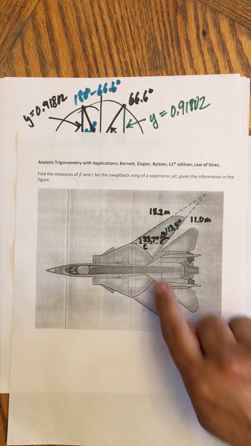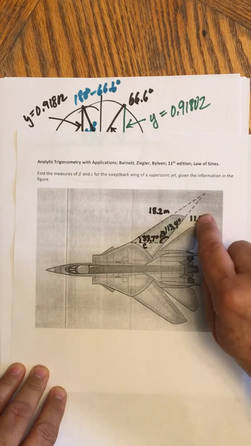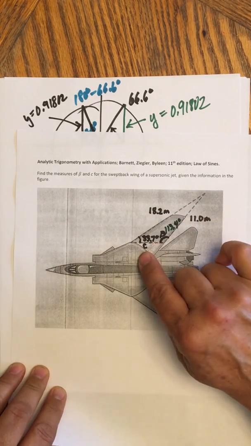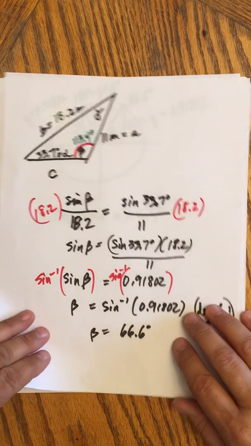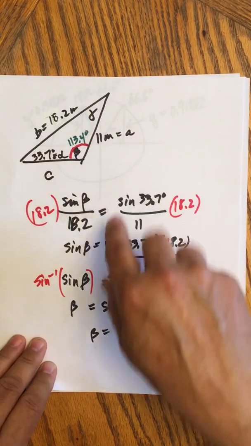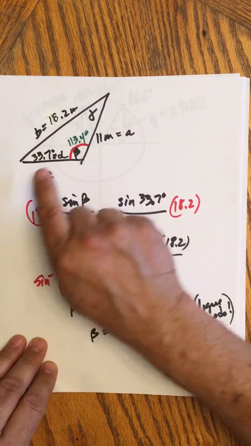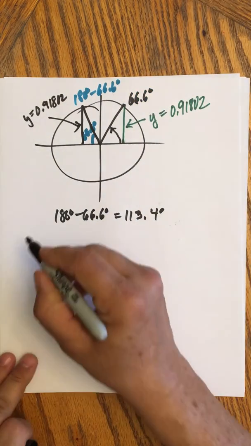Okay. So last thing to find now, we found these, we know these two angles and these two sides. Now we need to find this angle and this side. If we want to do that, I've already got these two angles, and the sum of all three angles has to be 180. So gamma is 180 minus 33.7 minus 113.4. So let's go ahead and do that. Define gamma.